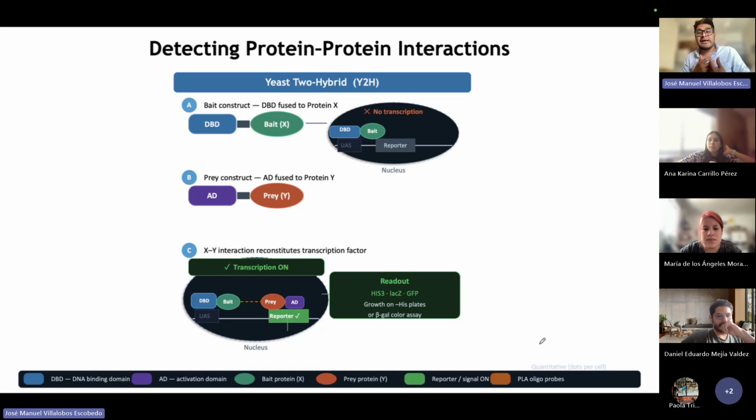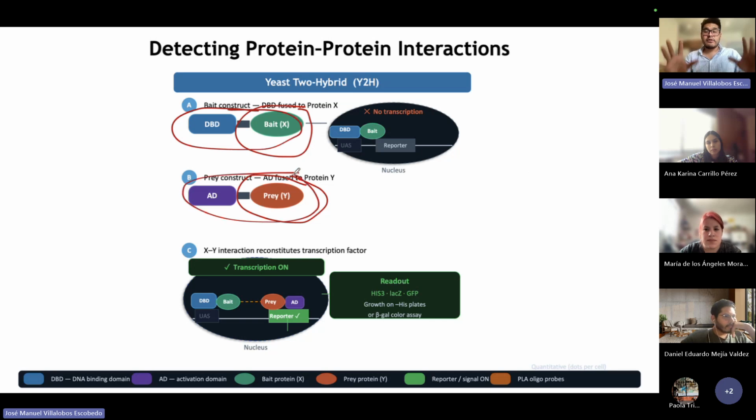So something we can do is put together a region that we know is able to interact with another protein: the bait, and the prey. We join them in the construction. So we have protein DB, about which I know nothing, and another, AD, that I know something about, and I want to know if they are interacting. If they are able to interact, this bait and prey will be together also.